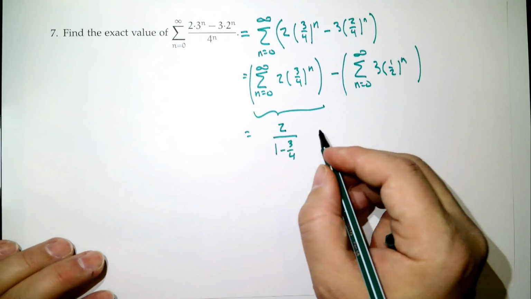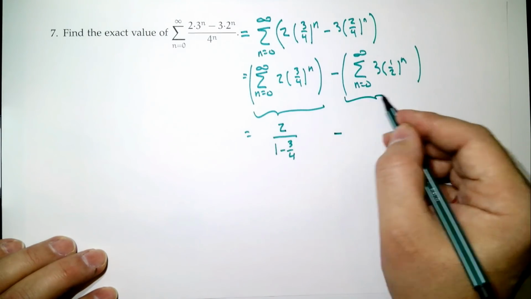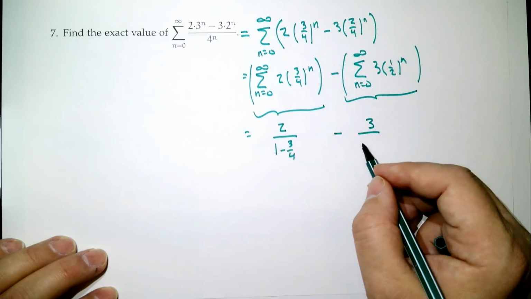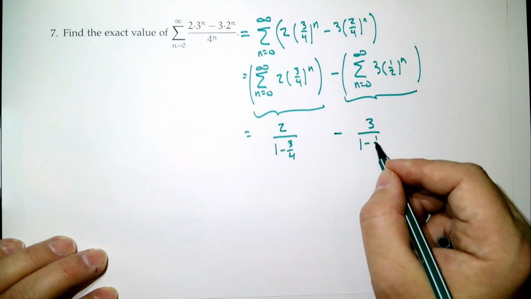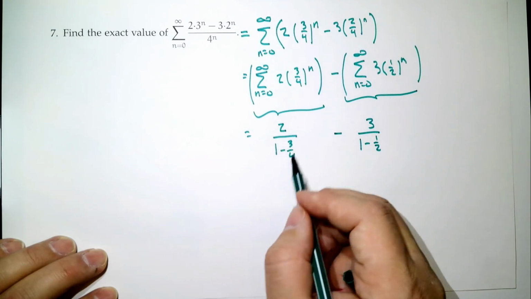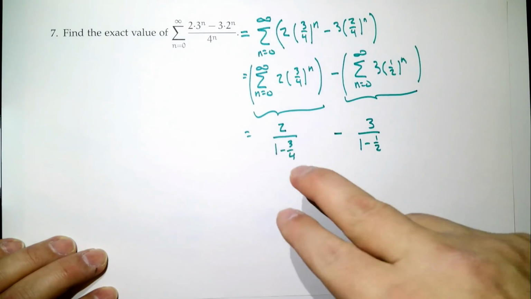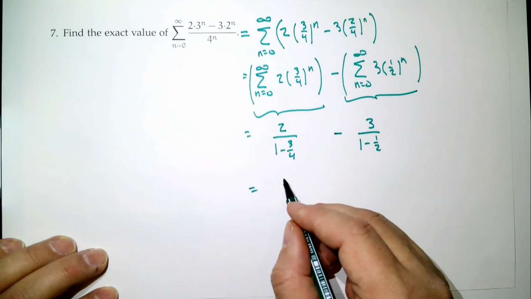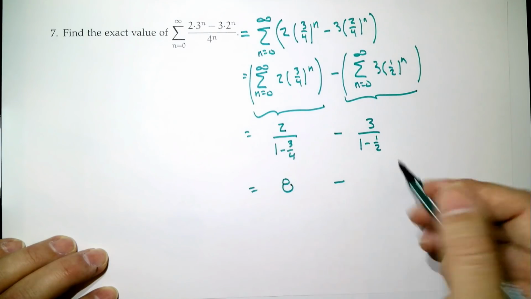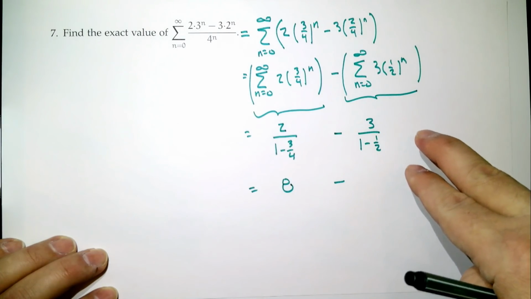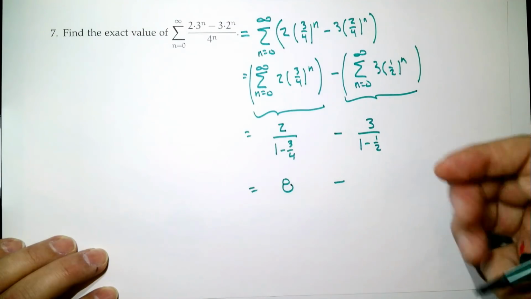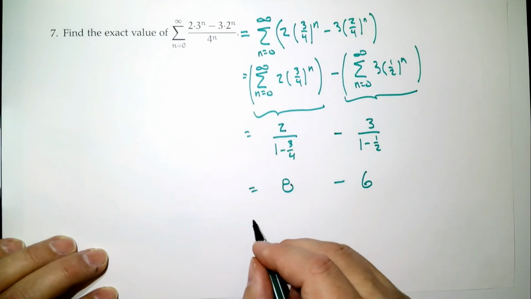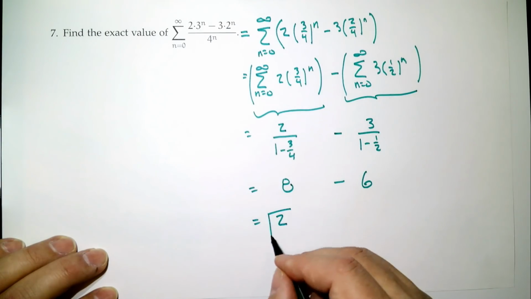Okay, subtract. And here, what's our first term? 3. Divide by 1 minus 1/2. Okay, so 1 minus 3/4 is a 4th, but it's downstairs, so you flip it, and this first term becomes 8. 1 minus 1/2 is 1/2. That's downstairs. When you flip it, it comes up and becomes 2 times 3, which is 6. So our final answer is 2.